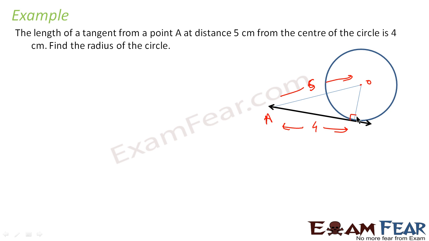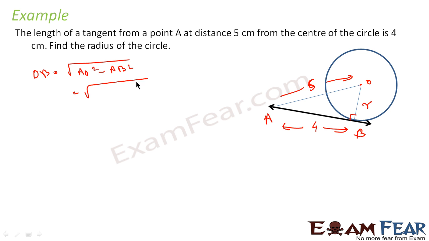Now we know that since AB is a tangent, it is a 90 degree angle. Since it is 90 degrees, it's a right triangle, and we can use the Pythagoras theorem. So let's suppose this is R. We'll say that OB is nothing but root of AO square minus AB square. Correct?